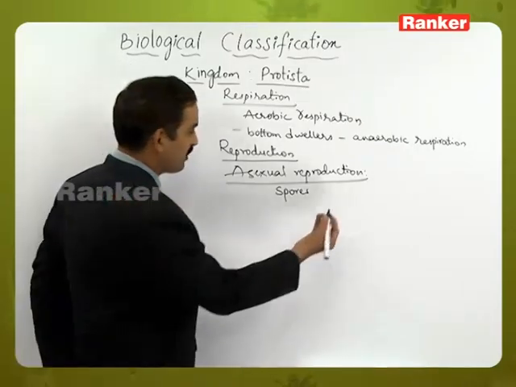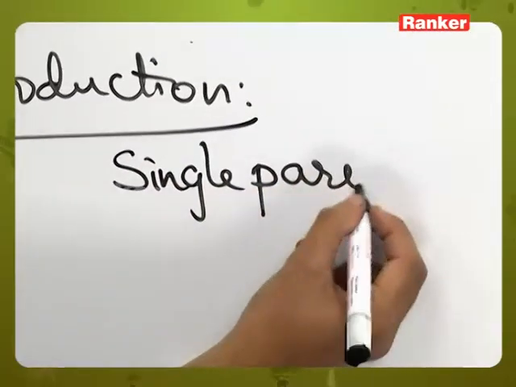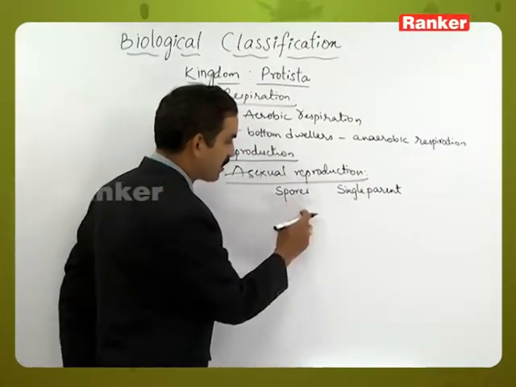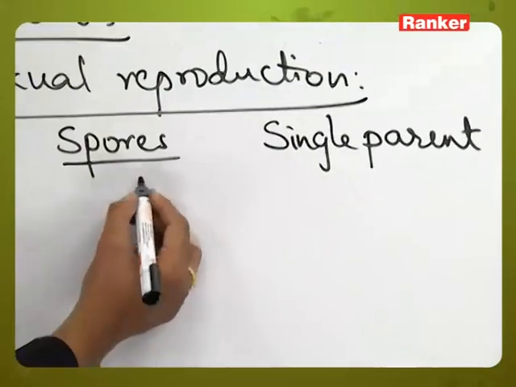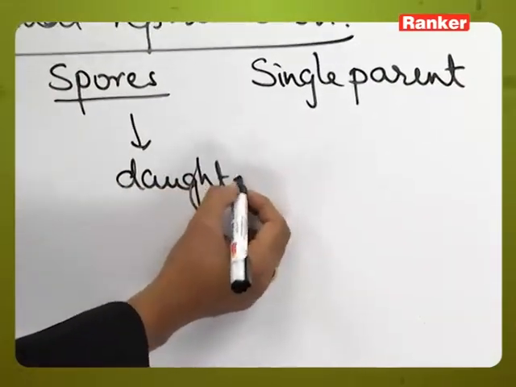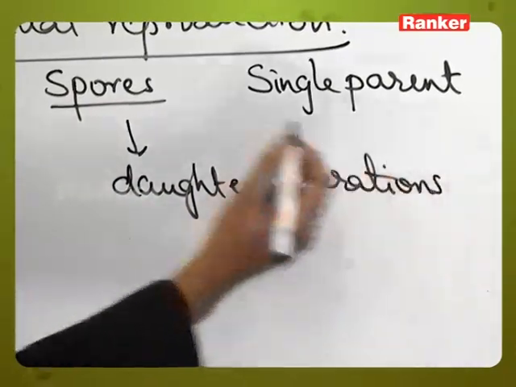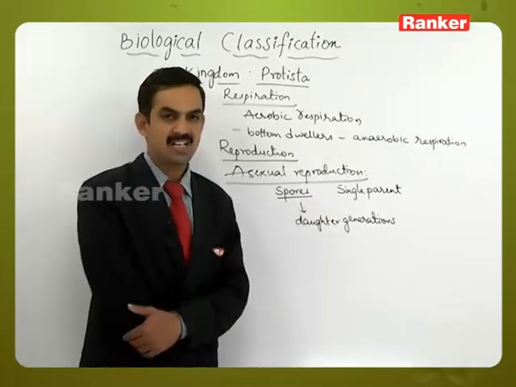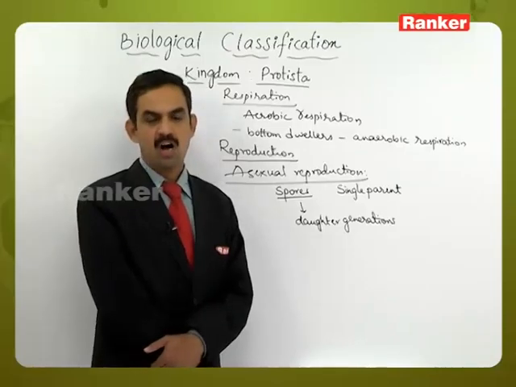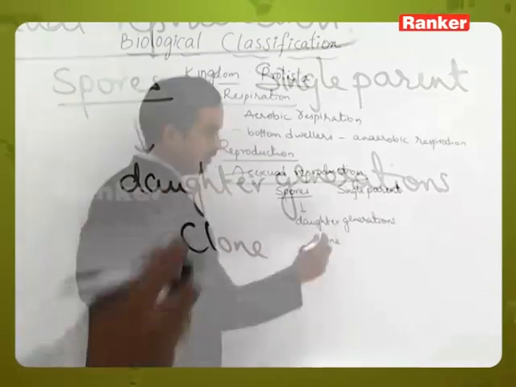As we know, asexual reproduction is a process where a single parent is participating, and the spores which are produced from the single parent give rise to the daughter generation, or many daughter plants are produced from the spores released by the single parent, and all the daughter organisms appear to be similar, so we can call them a clone.